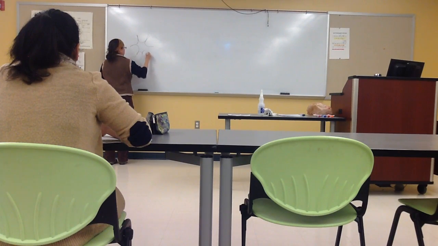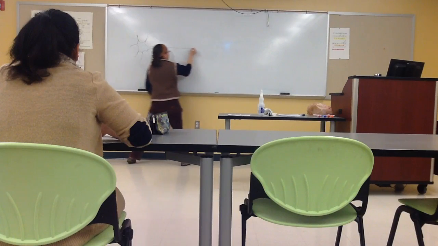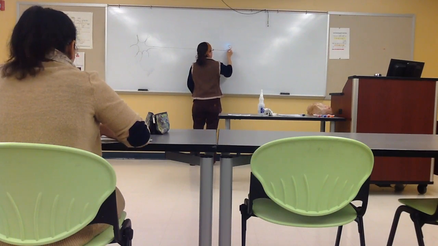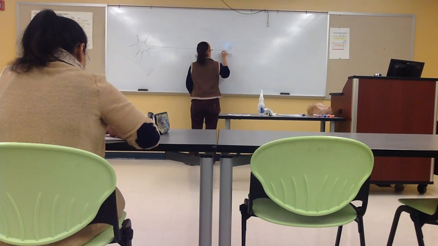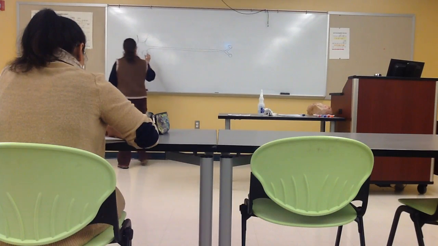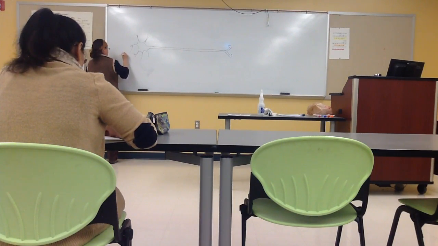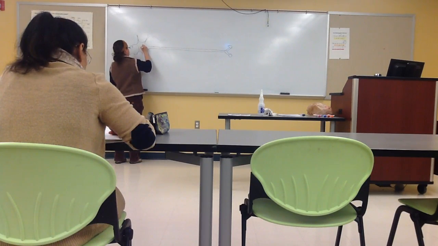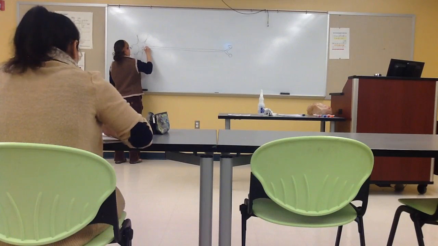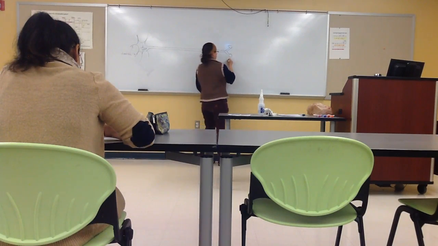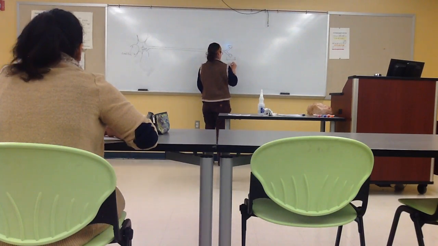here is my neuron. Right? These are the dendrites again. Here's the cell body. Down here is this axon terminal.